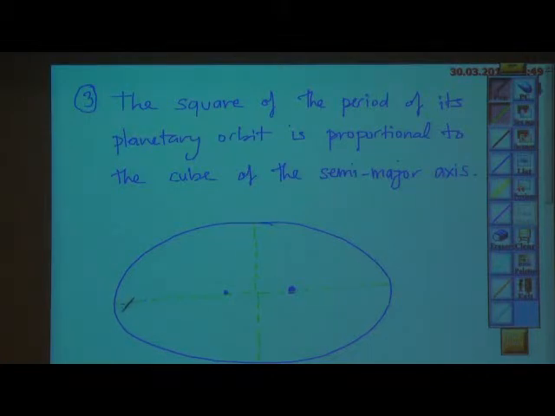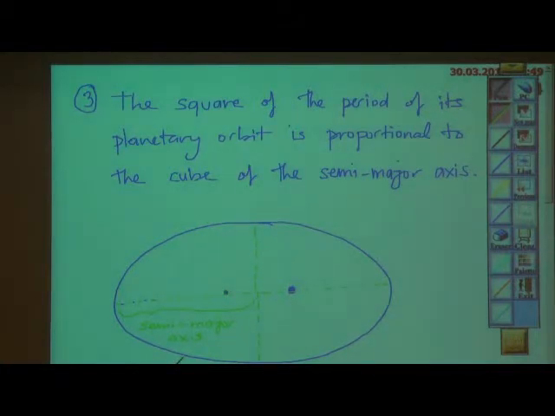Half of it is what's called the semi-major axis. Now notice that if an ellipse has eccentricity of 0, its two focal points will overlap and it will be a circle. And then semi-major axis and semi-minor axis will be equal. So it's going to be just the radius.